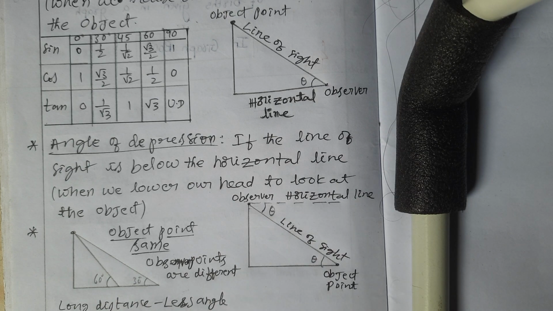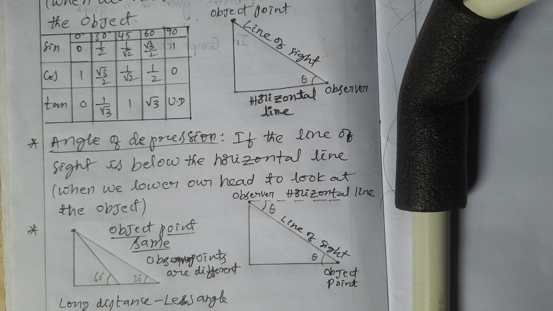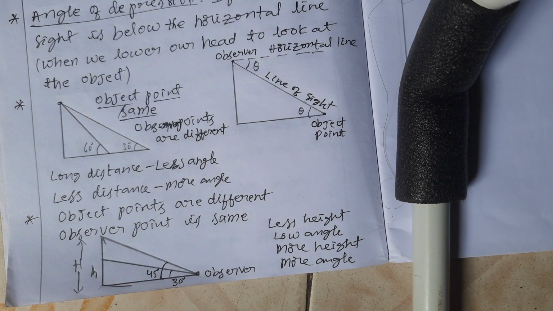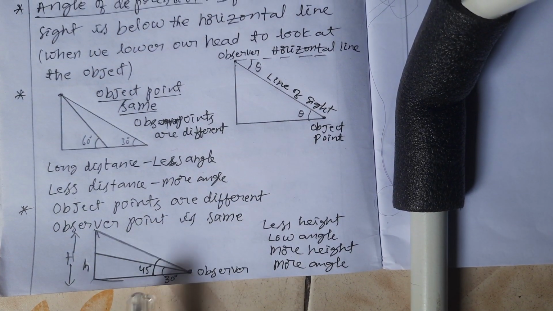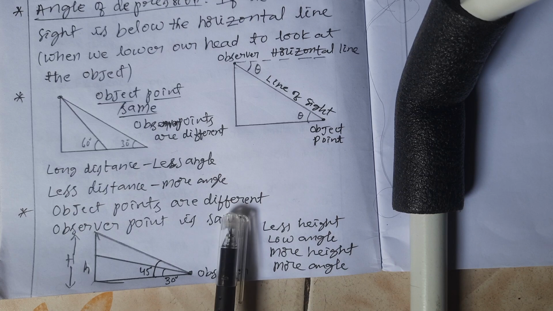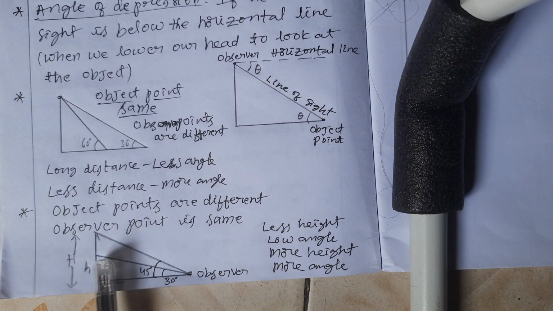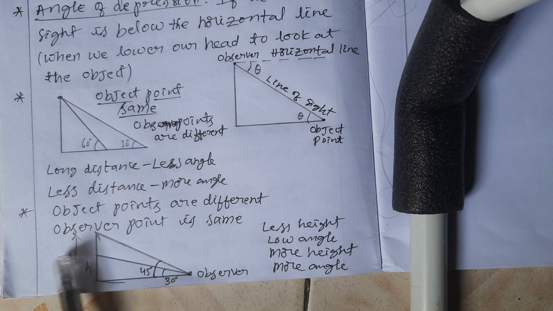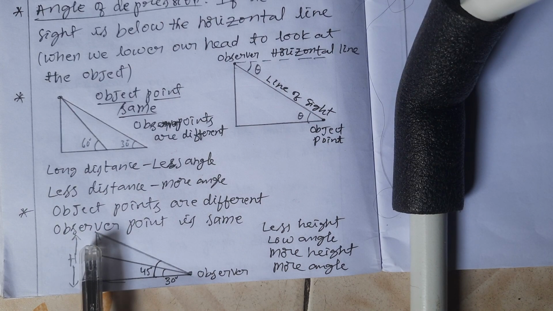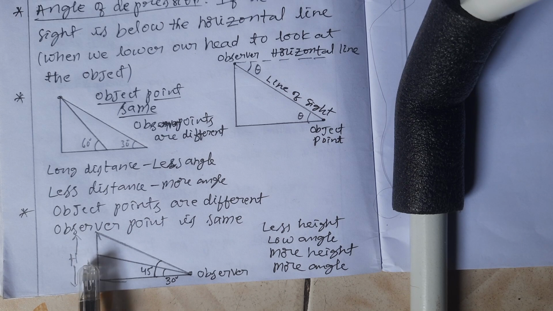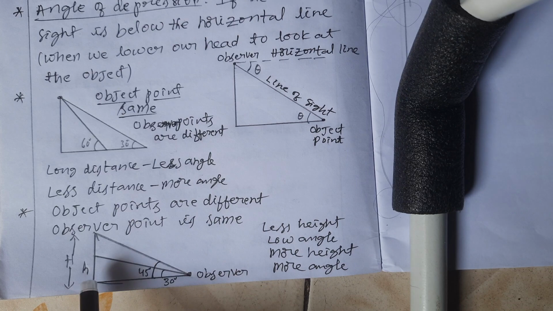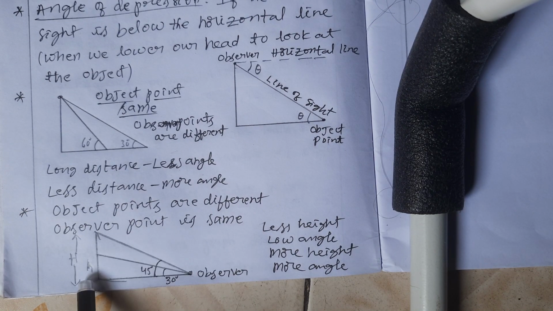Another important case is when object points are different. Object points are different means, for example, a first floor building and a topmost building, or one is a building and another is a cell tower built on the building.